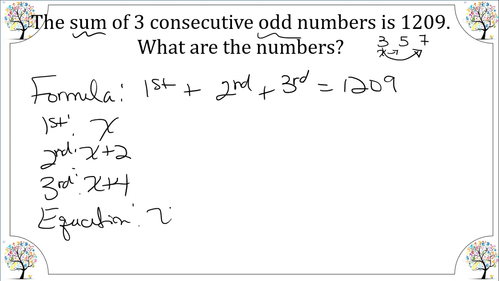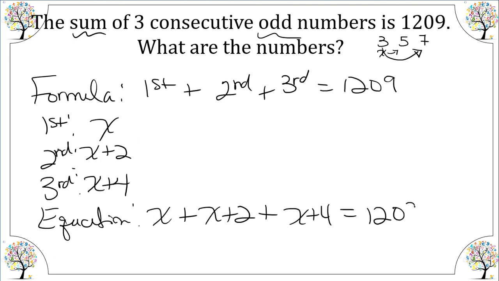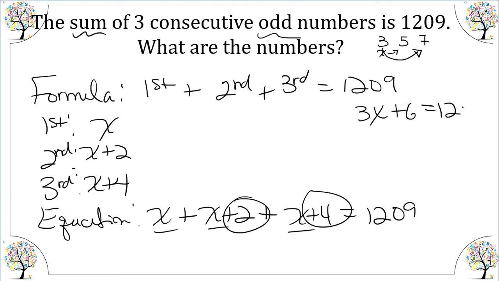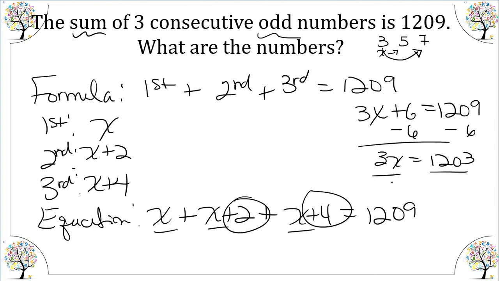So we have our first number x, our second number x plus 2, our third number x plus 4, and it all equals 1,209. Again, we're going to combine like terms. 3x plus 6 is equal to 1,209. Subtract out your 6 and divide by 3.